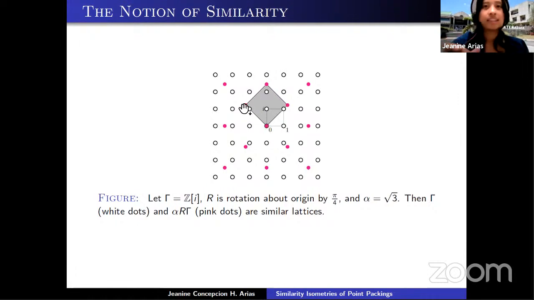And clearly, we can see that it is also a square lattice. So upon applying a similarity transformation, the Bravais type or the shape of the lattice is preserved. And we say that the lattices gamma and alpha R gamma are similar.